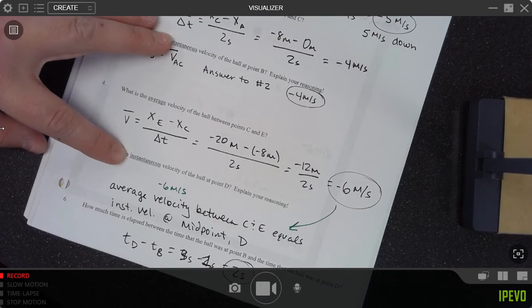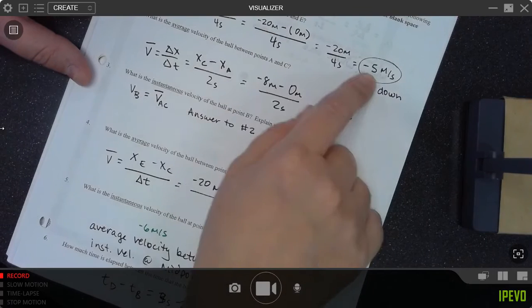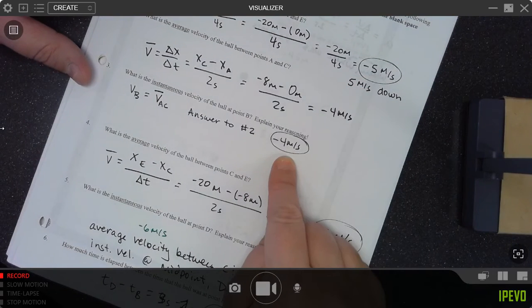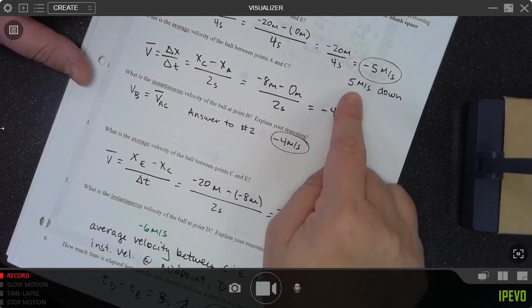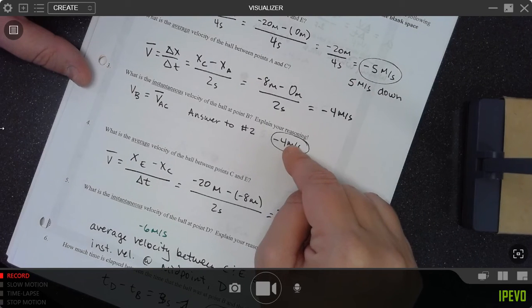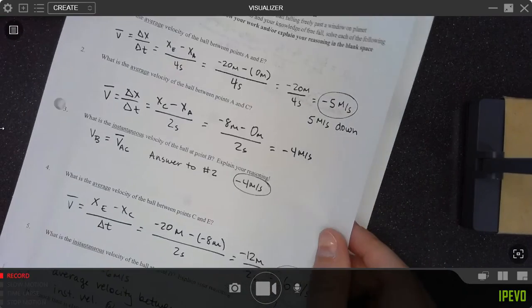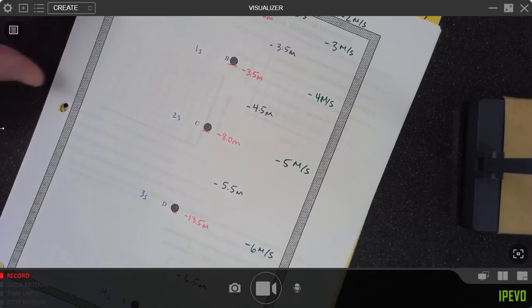If you realized that this was B, you could have used that one and this one, and you would have realized, okay, this is for point C and this is for B. They're 1 second apart and minus 1 meter per second apart. So you could have used any 2 dots. It does not matter.